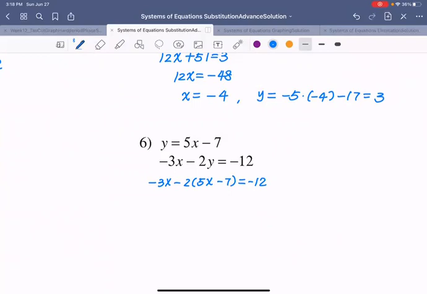Next. And it's negative 3x minus 10x plus 14 equals negative 12. Next.